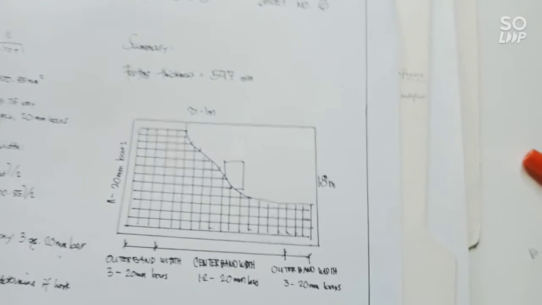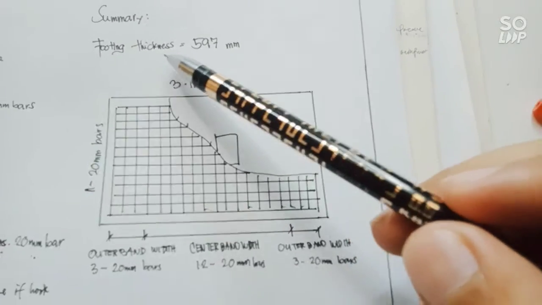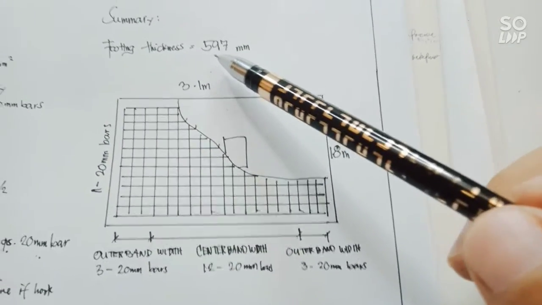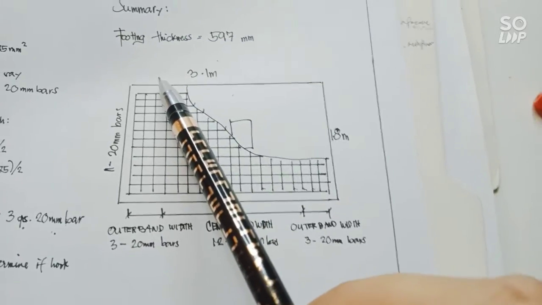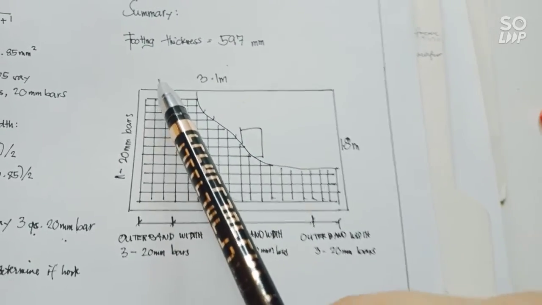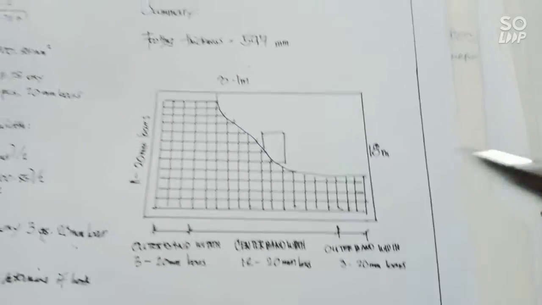So, summarizing in the drawing, our footing thickness is 597 millimeters, and we have the length of 3.1 and the width of 1.8.